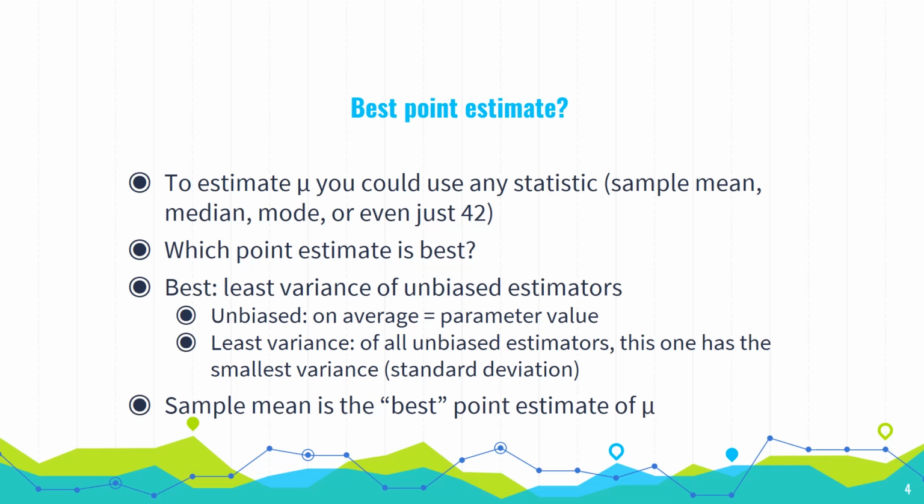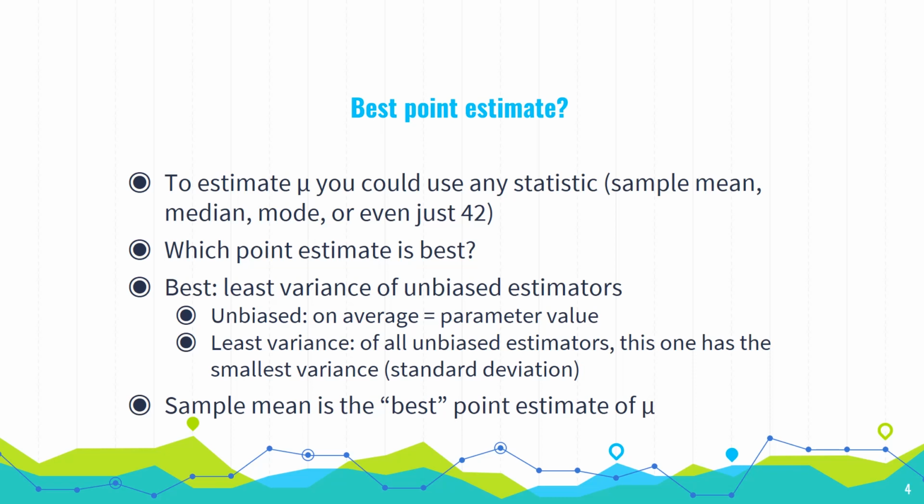So it turns out that the mean is an unbiased estimator of the population mean. So on average, it's going to be right on, which is to say, if you have a population and you look at every single possible sample mean that you could get, all of the different samples you could take, the average of all those sample means is going to be the population mean precisely. So it's an unbiased estimate.